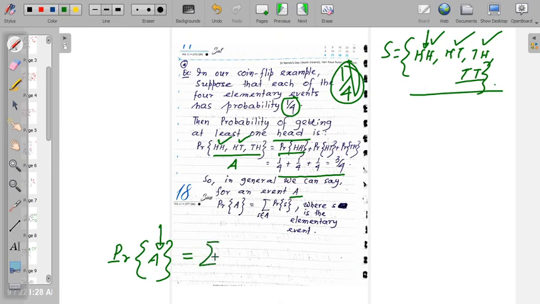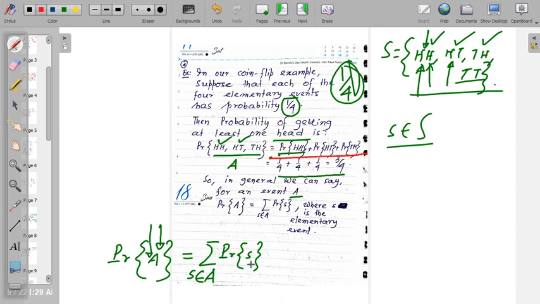So we can write that the probability of A is the sum of the probabilities of the elementary events small s, where small s belongs to capital S. We are summing up the probabilities of the elementary events which are making this event A. Not all the elementary events, only those which make event A, like the way we have done it here.